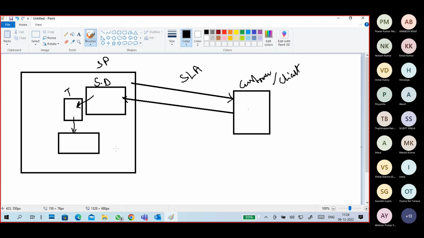It depends on which team or person works on that particular area, so it will be sent either to a team or to a particular person. These are the technology people, and they will handle the situation. They will try to resolve the customer issue.